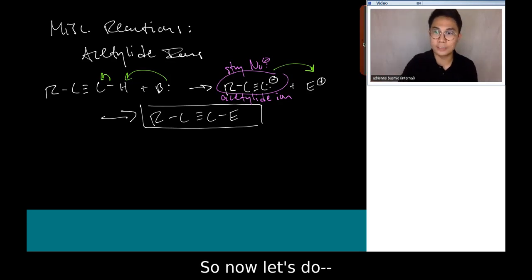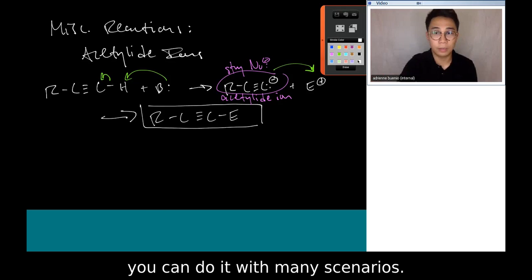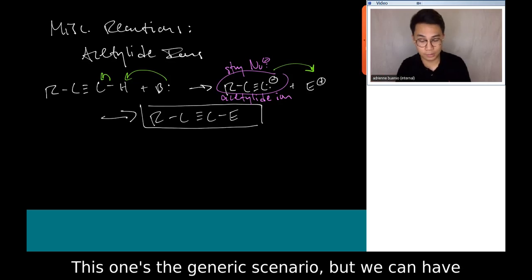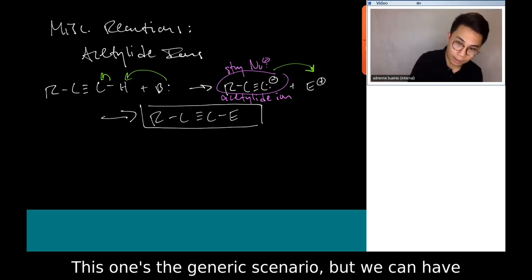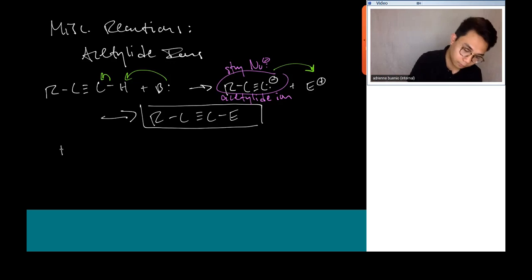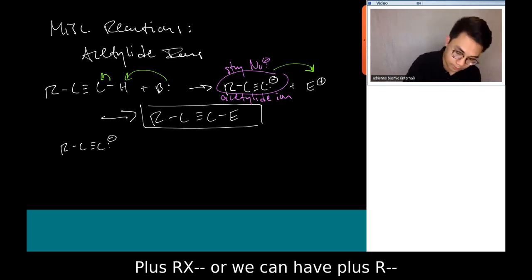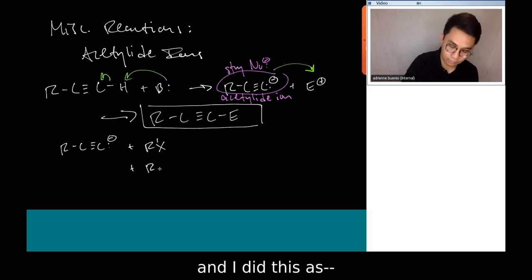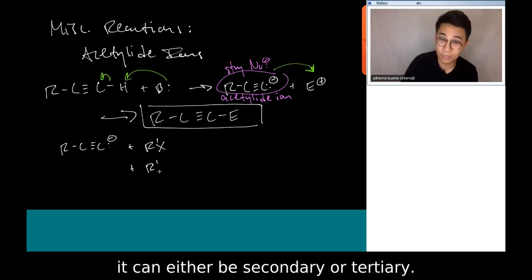So now, you can do it with many scenarios. This one is a generic scenario, but we can have something like this happen. Plus RX, right? Or we can have plus R, and I did this as, it can either be secondary or tertiary.